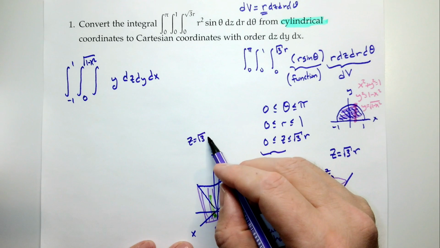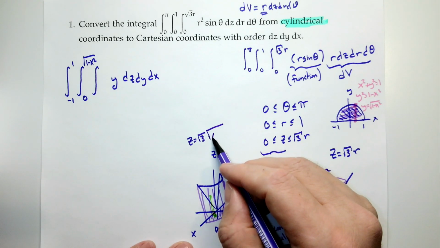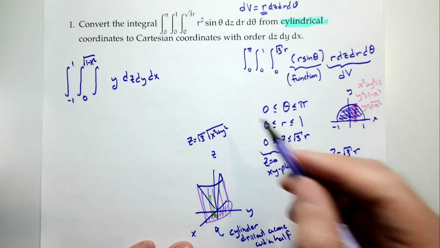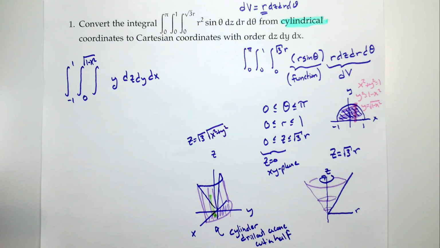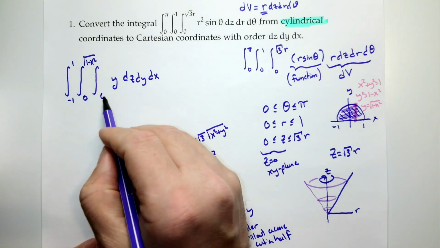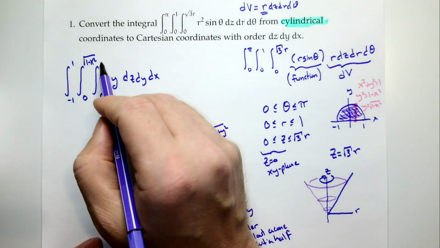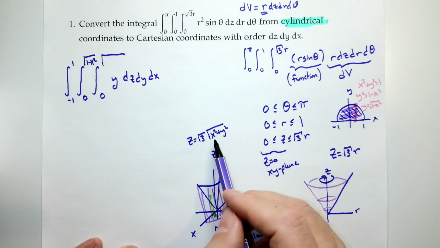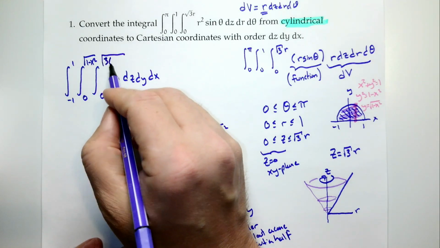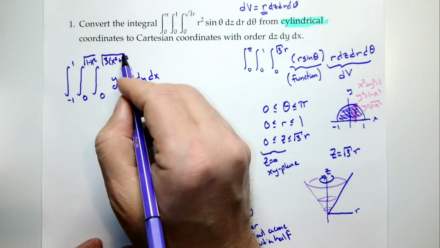So r is the square root of x squared plus y squared, that's just one of our nice facts: r squared equals x squared plus y squared. So we're going from z equals 0 up to the square root, and I can just combine these two square roots together: the square root of 3 times (x squared plus y squared).